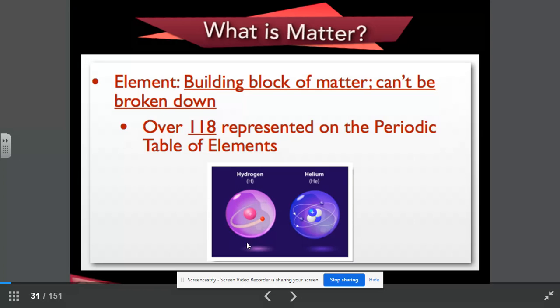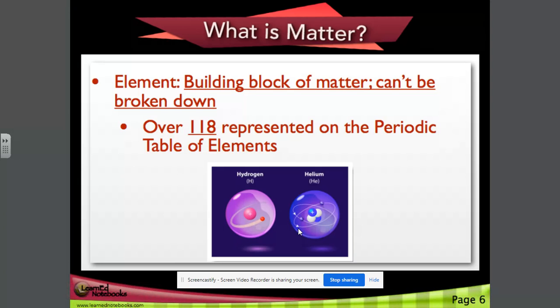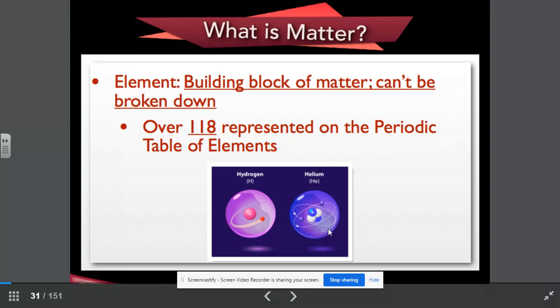This is what the hydrogen atom looks like. And compare this to the helium, which is located across from hydrogen on the periodic table. And you can see the difference. Look at the nucleus and check out those electrons. There's quite a big difference here. We'll go into detail some more in just a moment about those.